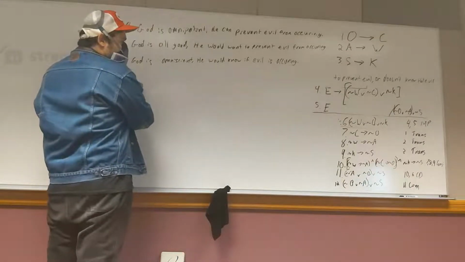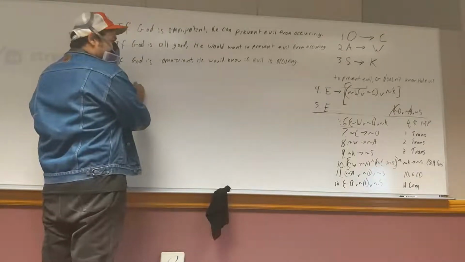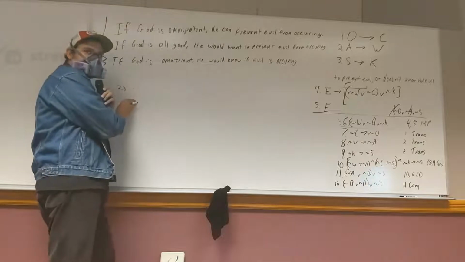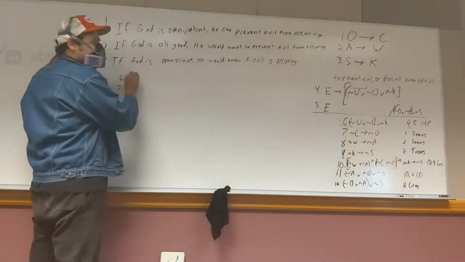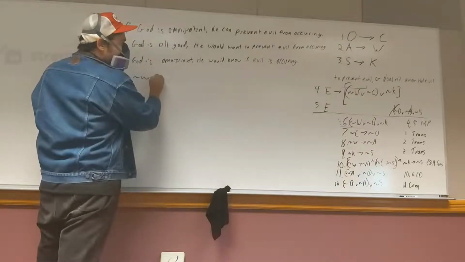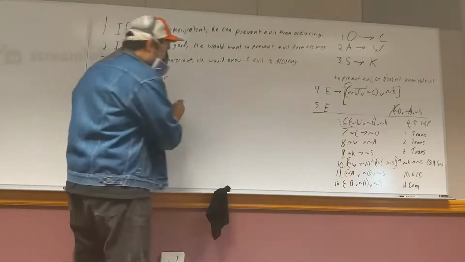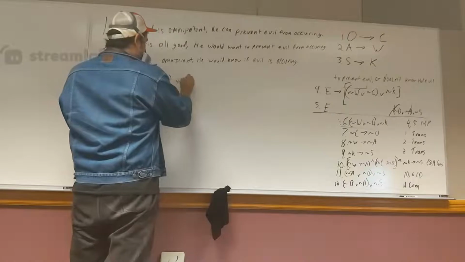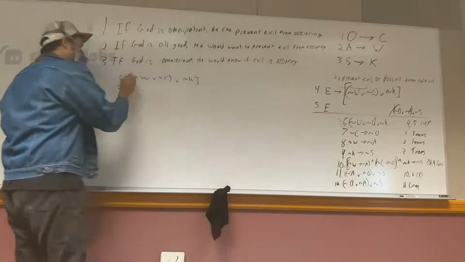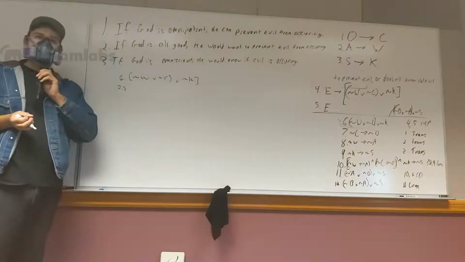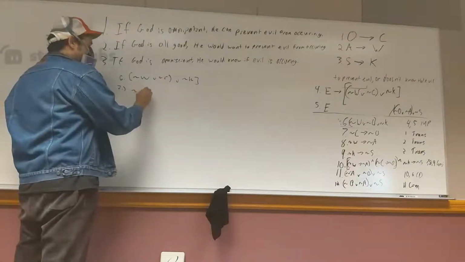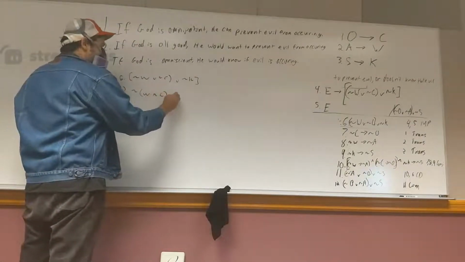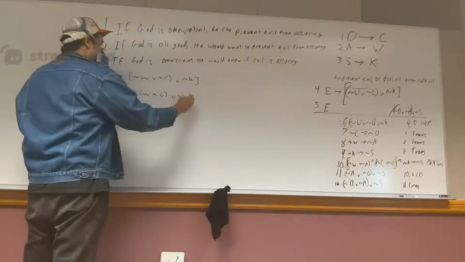So 7, I wanted to De Morgan 6. So 6 is not W or not C, right? Or it'd be not W and C, or not K, which kind of ruins that part. So it'd be not W and C or not K.